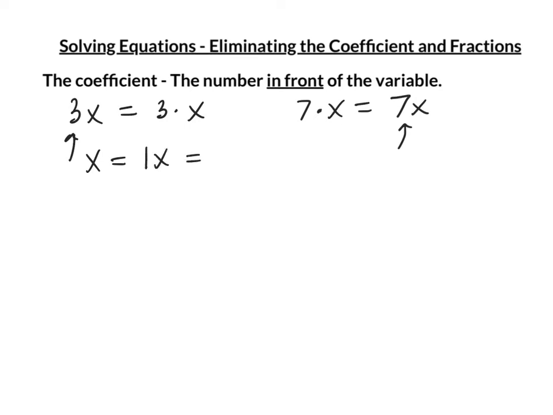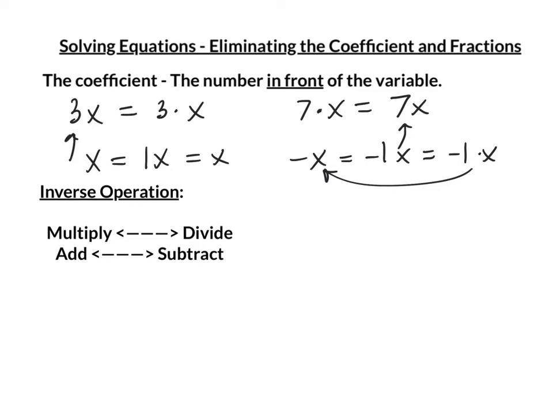And when I say 1 times 10 is 10, and 1 times x is x, those are all the same thing. And when we say negative x, that's really negative 1x, which again is negative 1 times x, which is how we get negative x. The coefficient is the number in front of the variable, and there's always multiplication between the coefficient and the variable.